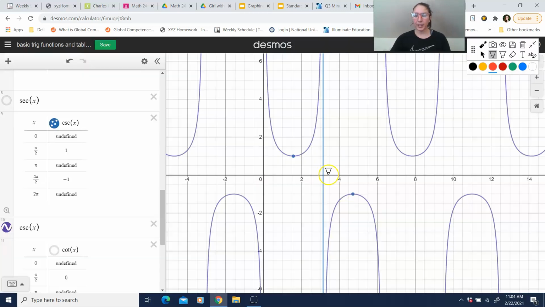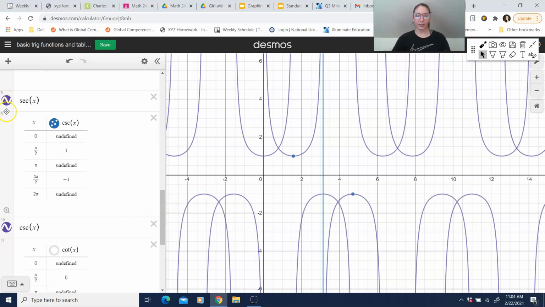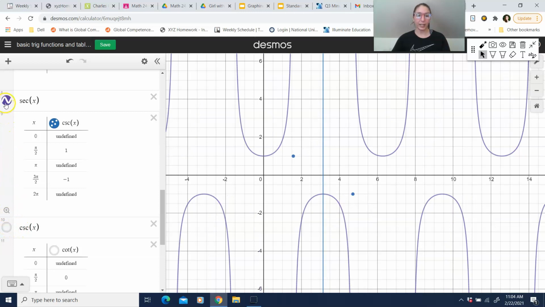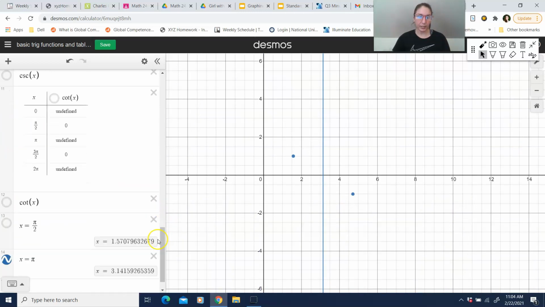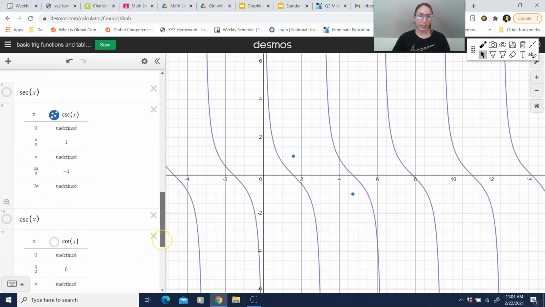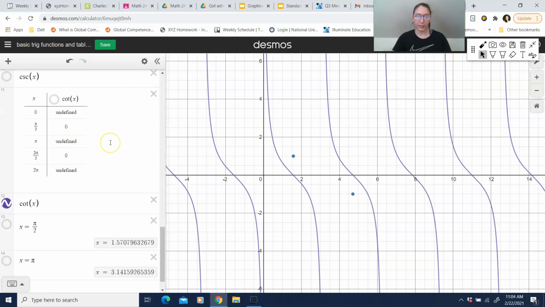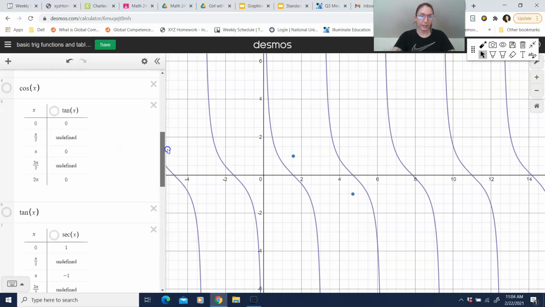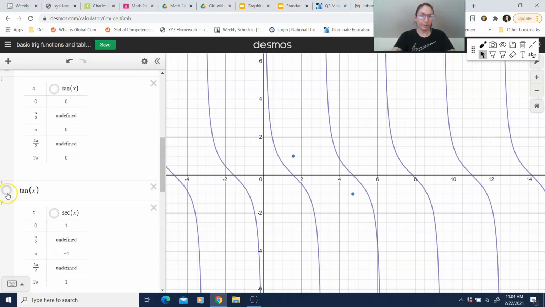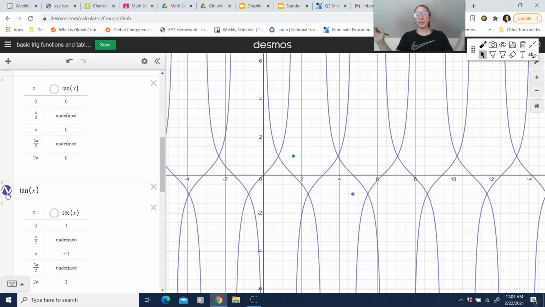So the big takeaway here is kind of like shapes, right? Cosecant and secant look like up and down U's. Tangent and cotangent, get rid of this asymptote. Tangent and cotangent, so there's cotangent, here's tangent, look like vertical squiggles. All right, I know that's not mathematical, but tangent and cotangent look like vertical squiggles.